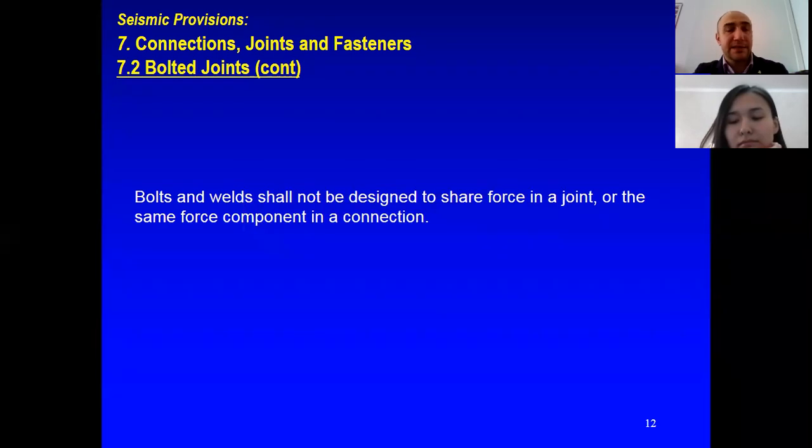Consequently, the seismic provisions prohibit designers from designing bolted and welded joints to share the same forces.